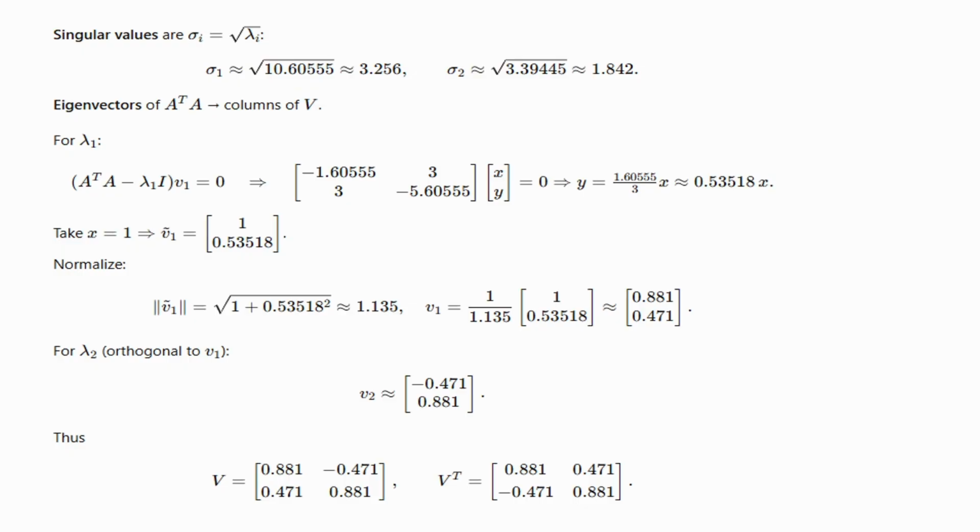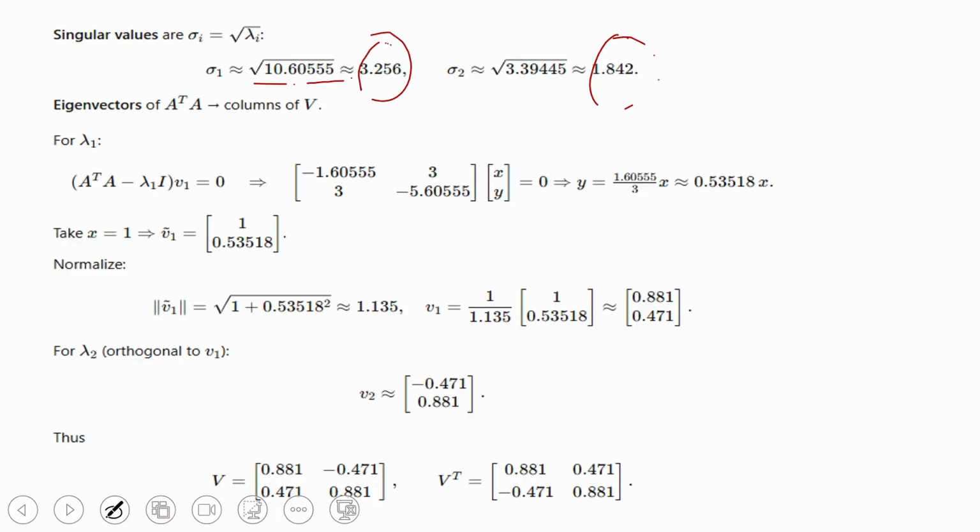Then you have to find the singular values, that is, root of lambda. It is root of 10.6, that is 3.2, and 1.8. Two sigma values, sigma 1 and sigma 2.